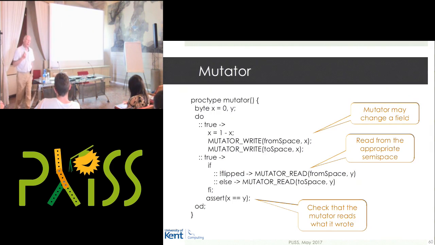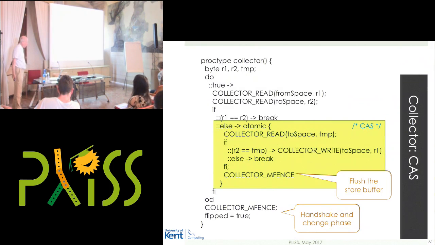What we want to check is that the mutator reads what it wrote. If the value the mutator reads is the same as the last value it wrote, we're correct. If it doesn't, we've got some kind of bug with this double writing and the flipping, and that's what we chose to check.